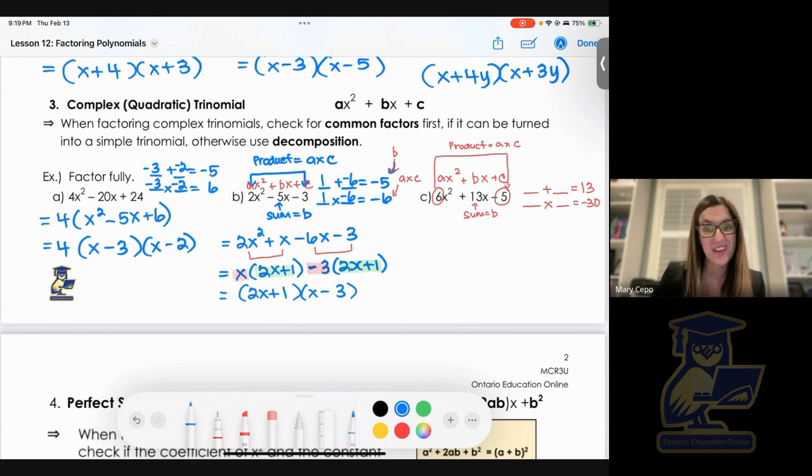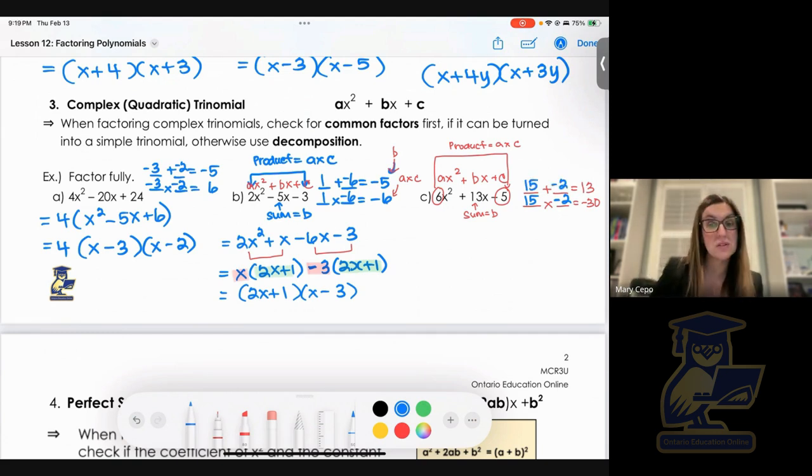Now, it's tricky because you think, oh, 3 times 10 is 30, and 3 plus 10 is 13. But our product is -30, so that wouldn't work for us. We need two numbers multiplied together to give me -30, added together to give me positive 13. So with that, it would be positive 15 and -2, because 15 times -2 is -30, and 15 plus -2 is positive 13.